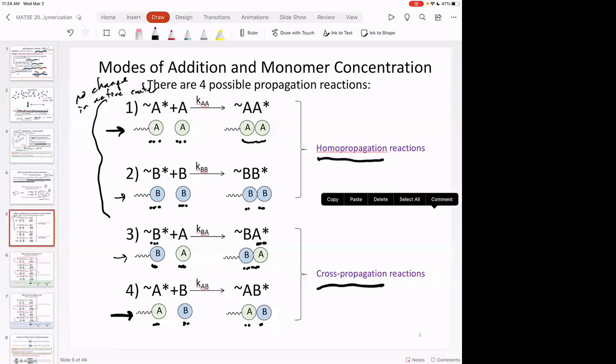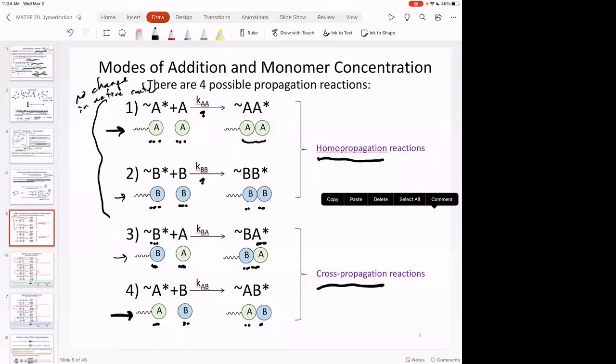And we have these rate constants. So pay attention to these because these will be important as we start to dig into what we call the reactivity ratio or the preference of an active center to add one monomer versus the other. And we're going to have lots of A's and B's flying around, and so you want to have a little piece of scratch paper to remember this setup.